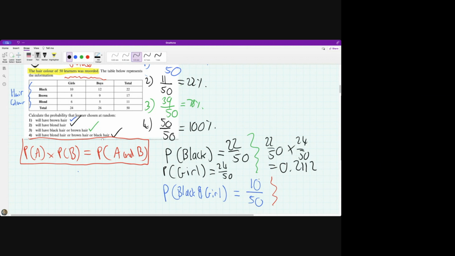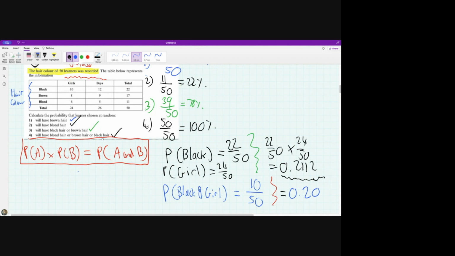Now, here's the thing, guys. Don't round off with this type of calculation. You want to have a few more decimal places there, because checking whether they're equal, they either have to be exactly equal or incredibly close. So you need a few more decimals to make sure that you're in the right part of town. Okay, now, over here, the probability for the blue one is 10 over 50, I think I know this one in my head, it's going to be 0.20.